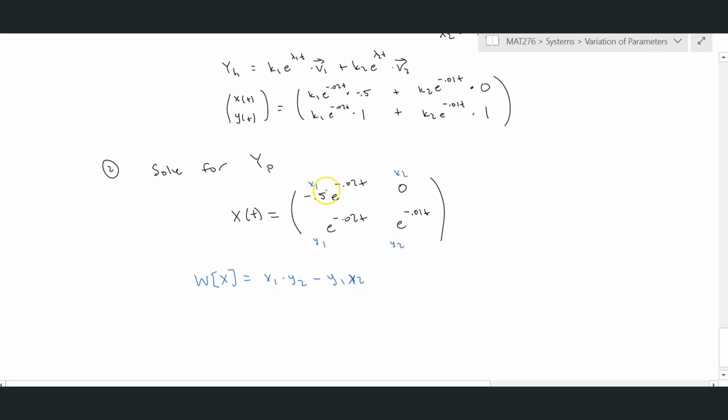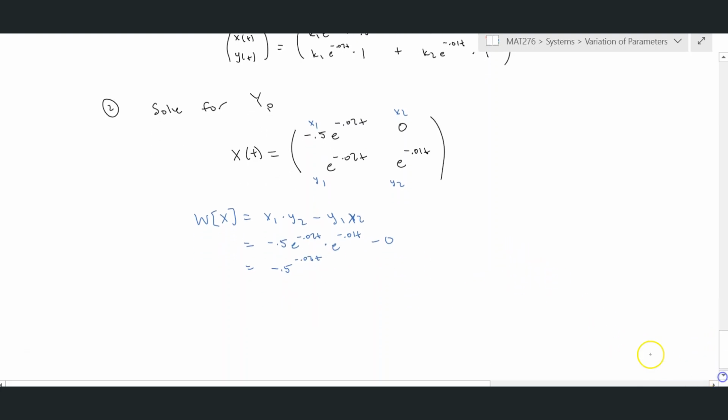So it's the product of these two along the diagonal minus the product of these two. So fortunately, this is going to zero out. So the second term is going to be 0, y1 times x2. But when we multiply these two together, negative 0.5 e to the negative 0.02 t times e to the negative 0.01 t minus 0. We actually combine these into 1 and make this negative 0.5. Common bases, so we can add the powers, will give us negative 0.03 t.